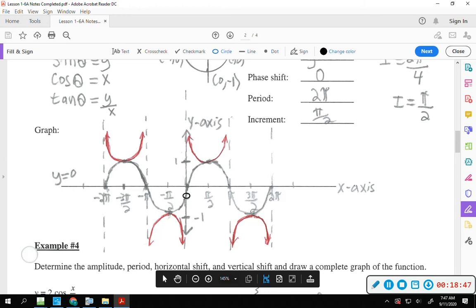So the reciprocal of this becomes a large negative. Reciprocal of this becomes a large negative. So just remember, high points go up, low points go down. You would dot in the sine curve as your guidance, and then just put the solid curve in going up or down. That is how we graph secant and cosecant.